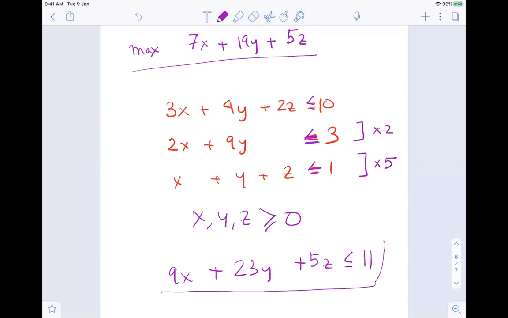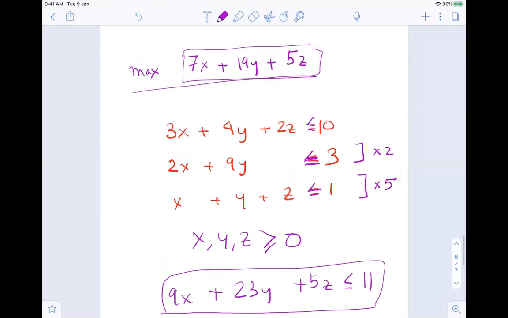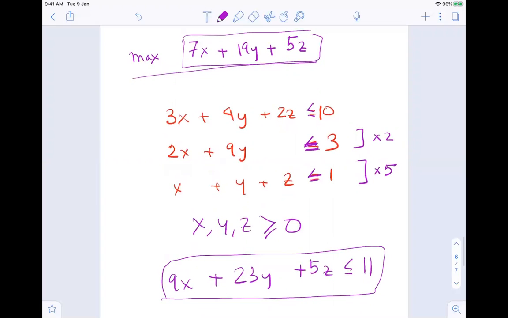So this is the case, and again we are getting this quantity by removing some positive things out of this quantity, right? So this must be less than 11, right?